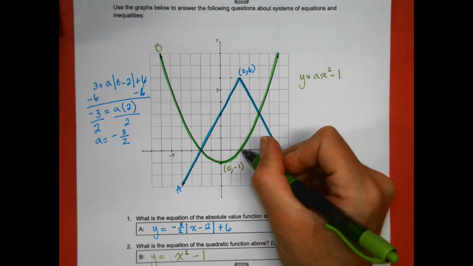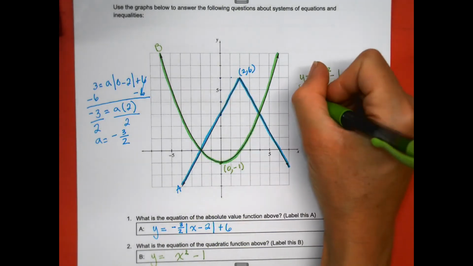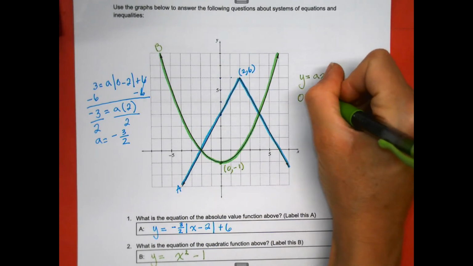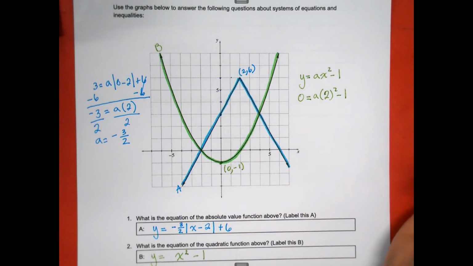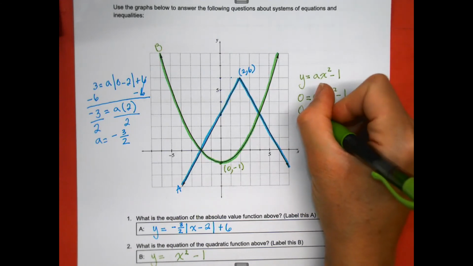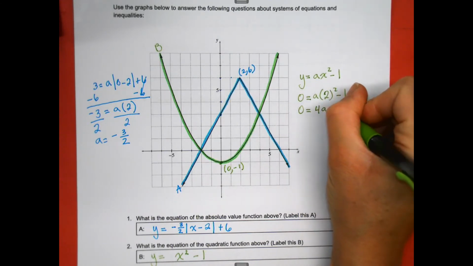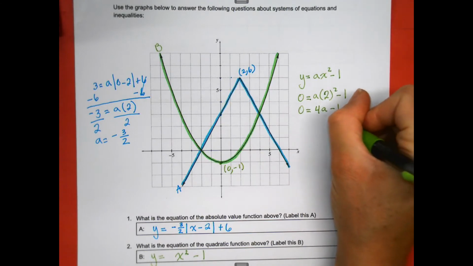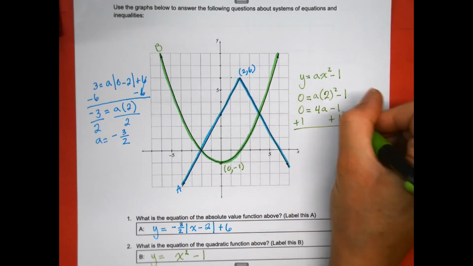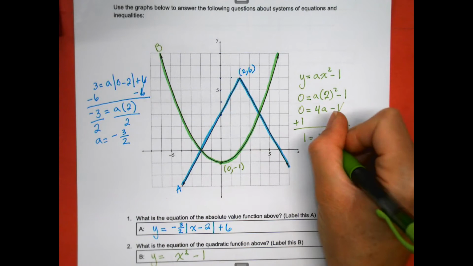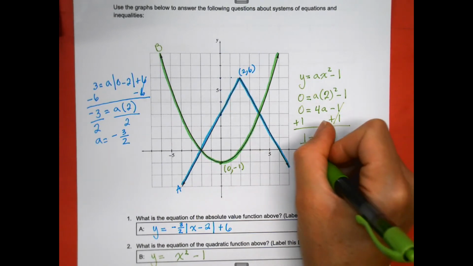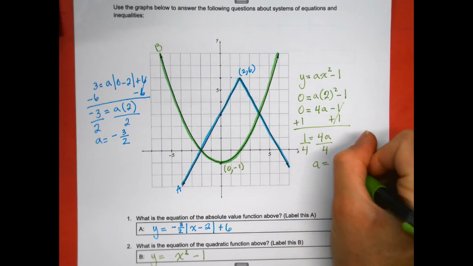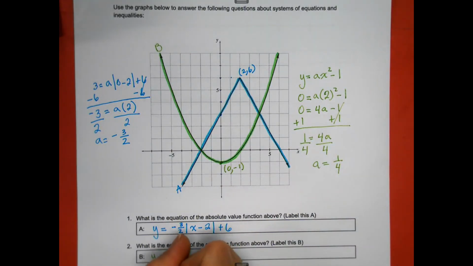So I'm going to substitute in this point 2, 0. 0 is equal to a times 2 squared minus 1. 0 is equal to 4a minus 1, and I add 1 to both sides, giving me 1 is equal to 4a, and then divide by 4. We find out that our a is 1/4.